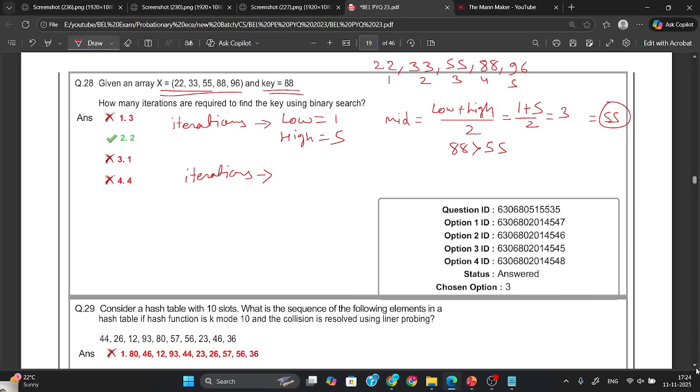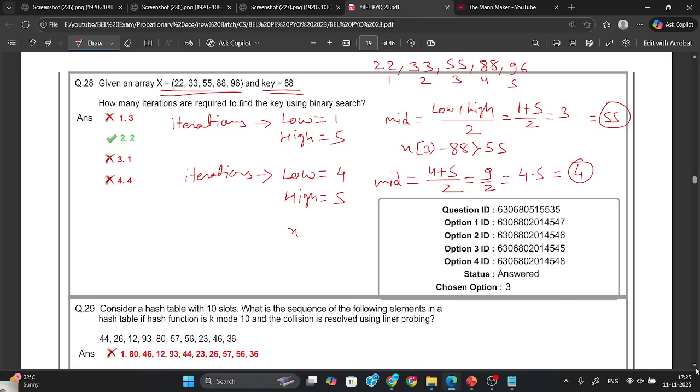Again we'll do the next iteration. In that case, low is 4, since up to 3 is covered. Now we have to check 4 and 5. So low is 4, and high is 5. Again we apply the formula: low plus high, that is 4 plus 5 divided by 2. 9 by 2 is 4.5, or we can say the fourth element.